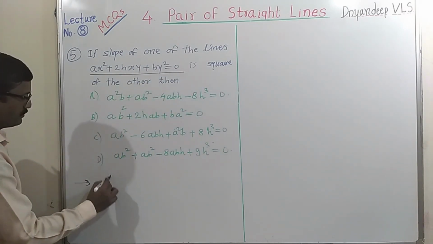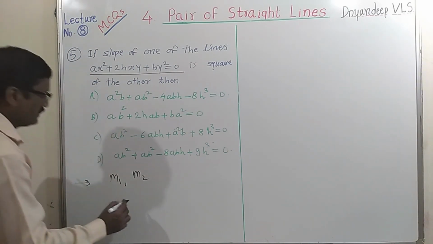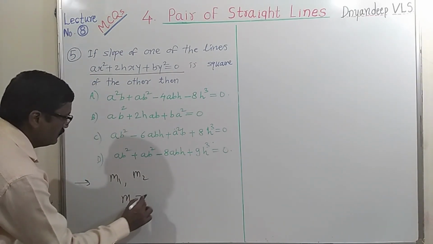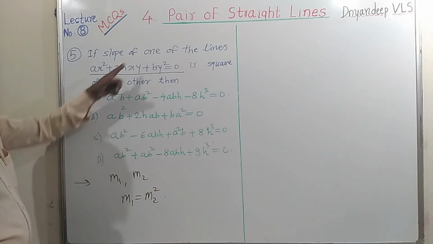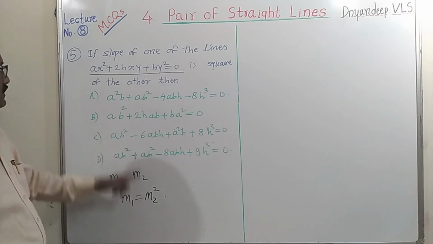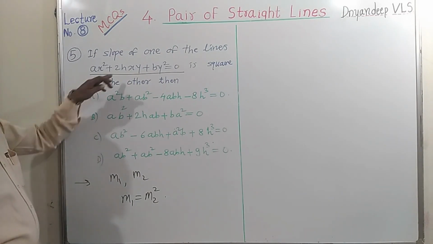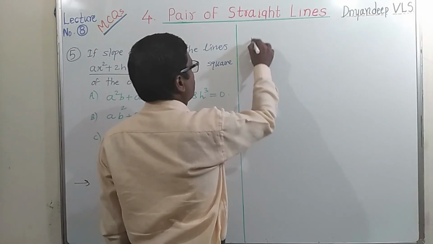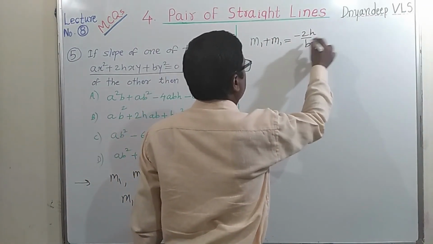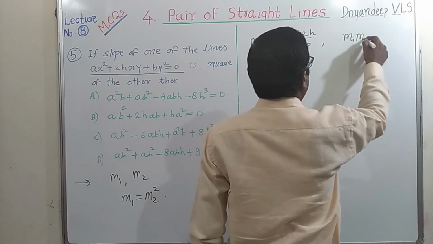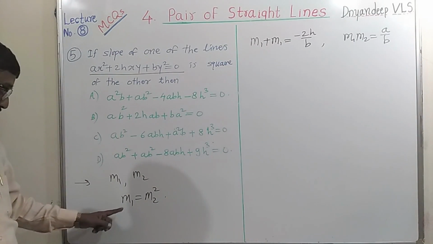It means if we suppose M1 and M2 are the slopes of the two lines represented by this, then M1 is the slope of the one line, that is M2 square, M1 equal to M2 square. Then find the condition.